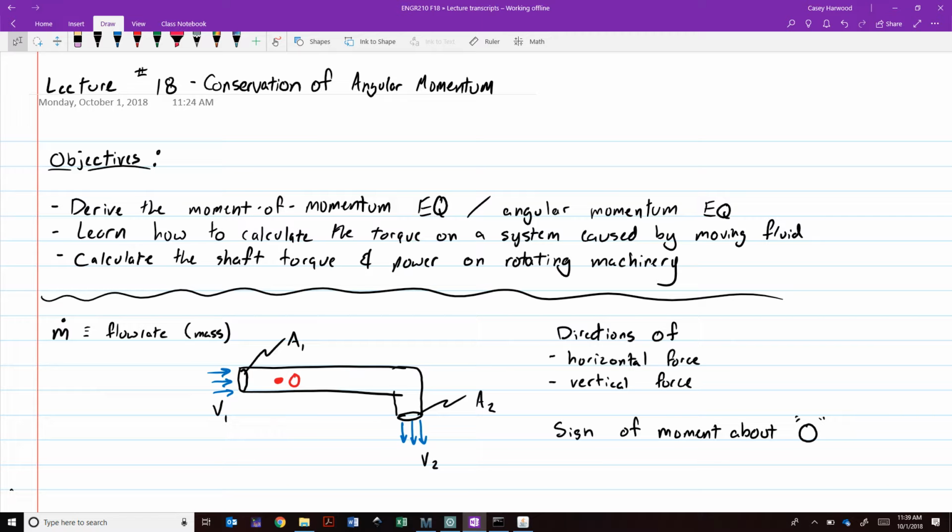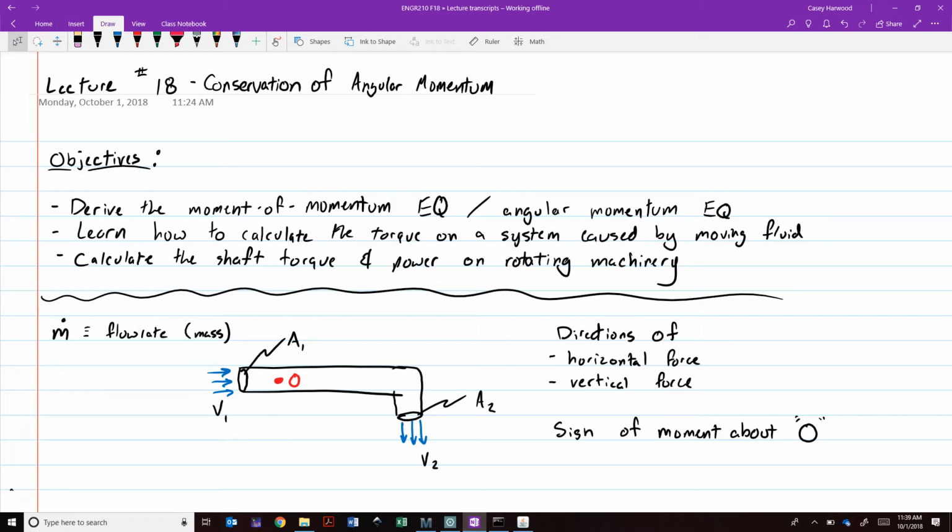We're going to be learning how to calculate the torque on a system caused by moving fluid, like this little prompt I gave you with this right turn elbow. And then we're going to figure out how to calculate the torque and the power of a shaft for rotating machinery, like fans, blowers, pumps, etc. This third point is where the angular momentum equation really becomes a powerful tool.